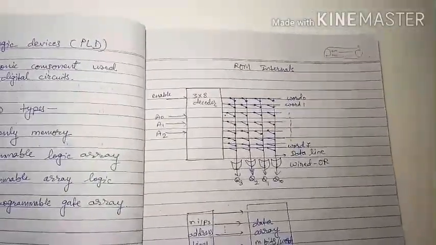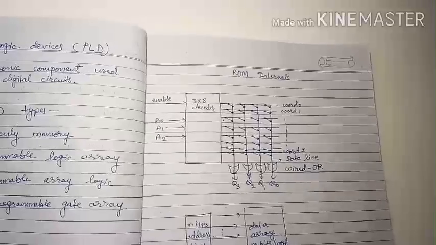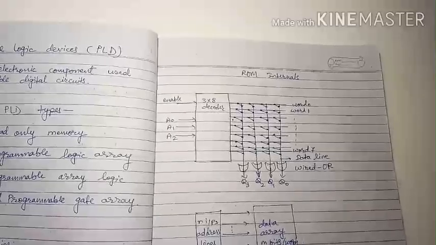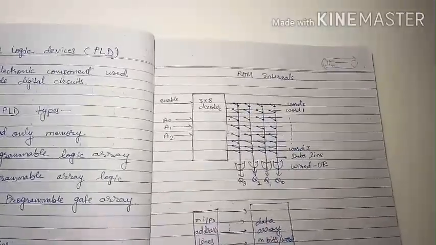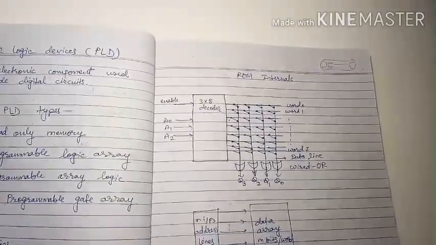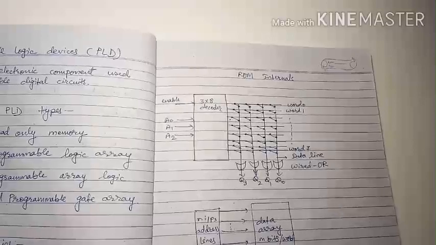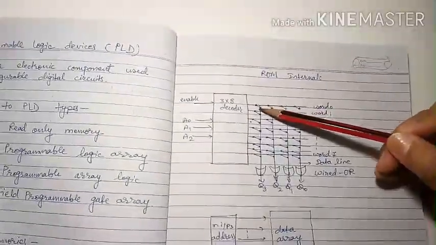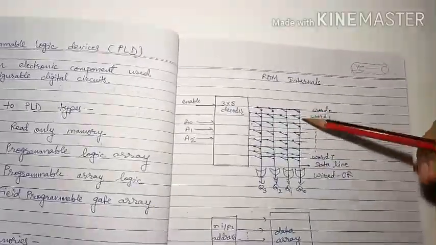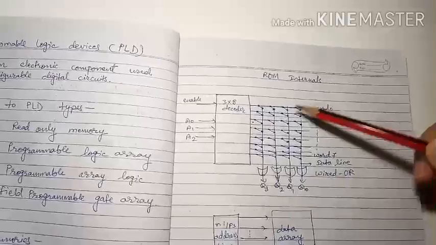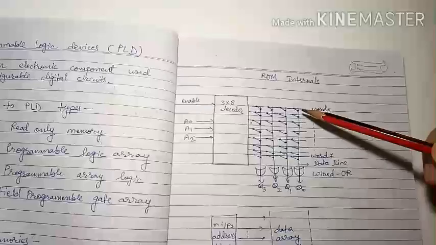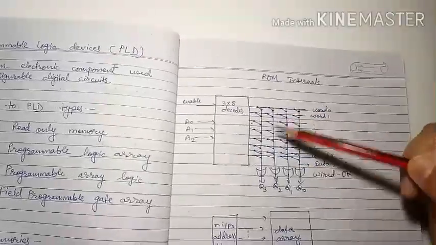Q0, Q1, Q2 and Q3 are the outputs. Here this is the connection between a row and a column. This is word 0, word 1, word 2, word 3, like that, word 7. This is our data line.